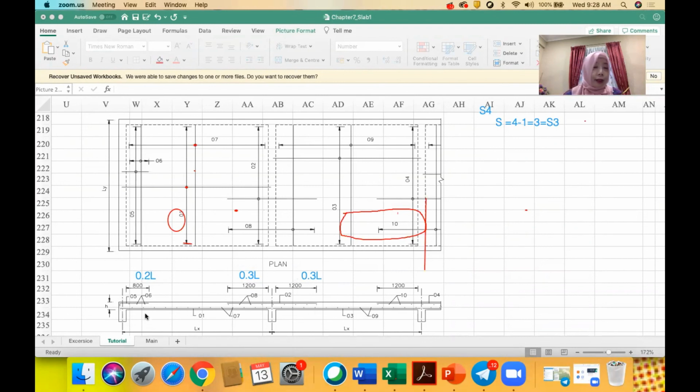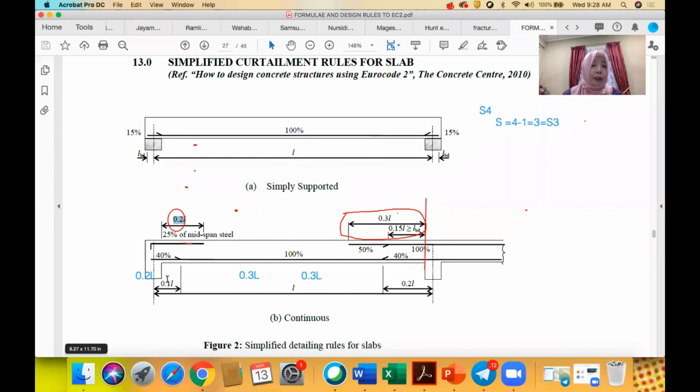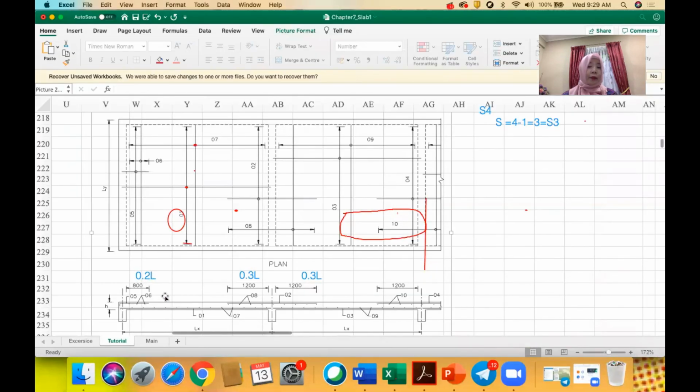So other thing like here 0.1 L. If you don't cut, so we don't bother this one. If you don't cut the steel at the support. Okay.